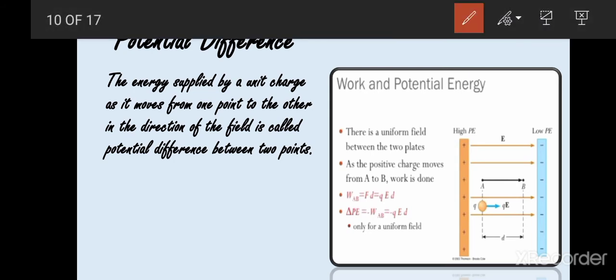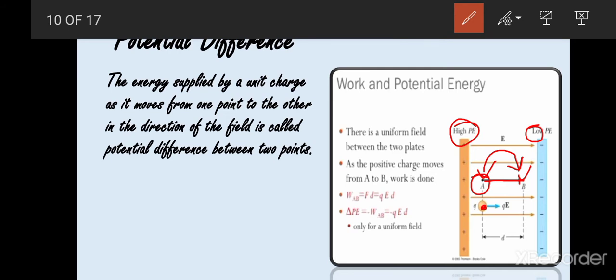Here you can see a charged particle. This is Q. It is first at point A and it gets repelled from the positive plate, meaning from higher potential it is moving to lower potential towards the negative charge. So let's consider it is moving from point A to point B. As it is moving from higher potential to lower potential, it will release some energy.